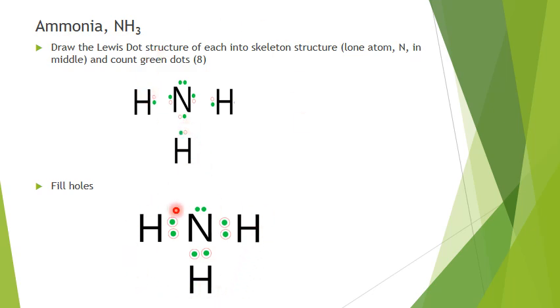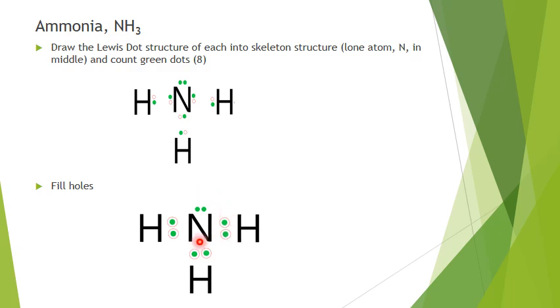Now, I just want to let you know that I could have had this hydrogen up here at the top and these here. It doesn't matter where I put these H's. But there will always be one pair of electrons that are not involved in bonding for nitrogen.